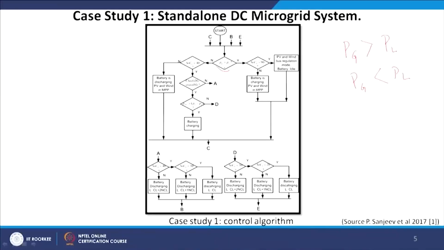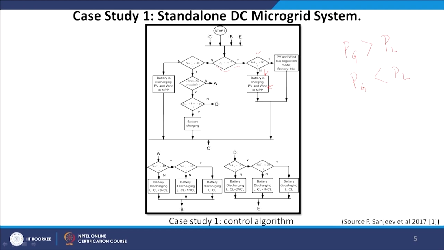Now, if PG is greater than PL, and if the battery is not charged up to 90% SOC, then I can charge my battery and allow my PV and wind to operate at their MPP.